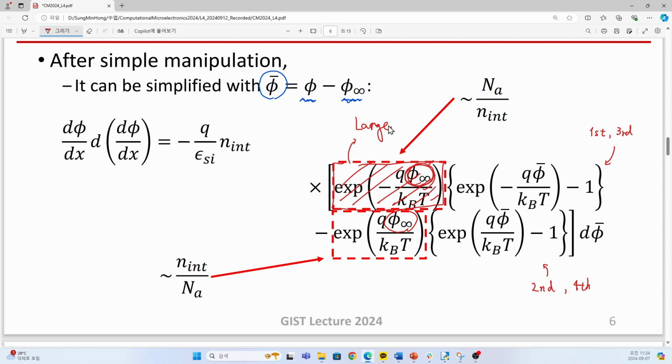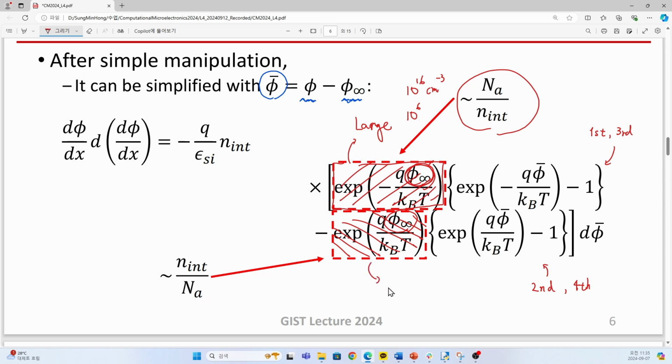So how large is it? For example, if we consider 10 to the 16 per cubic centimeter, then this value corresponds to almost 10 to the 6. More precisely, it corresponds to Na over the intrinsic carrier density. Since this value is quite large, its inverse shown here is also quite a small number.